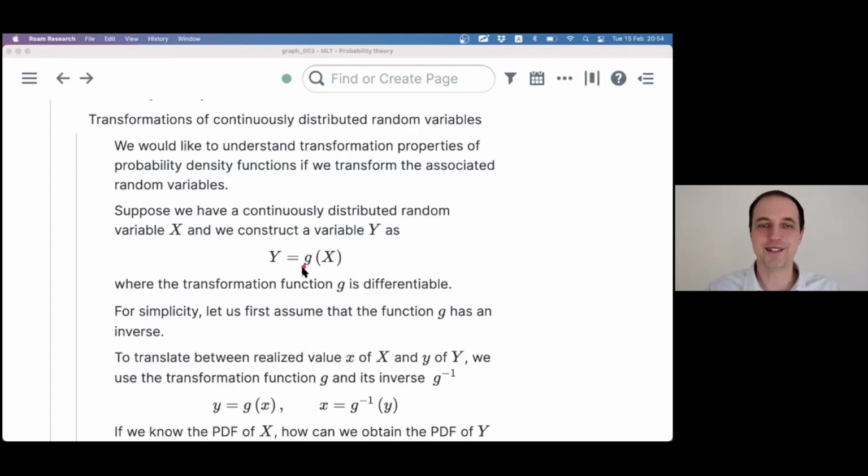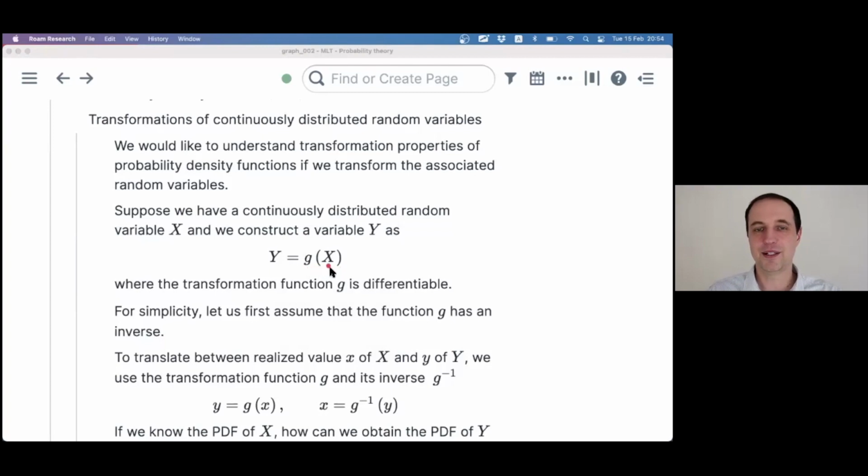If you think about high-dimensional random variables, this function g can be, for example, a neural network. If you think about generative adversarial networks, that's a concept that's very interesting in machine learning and deep learning.